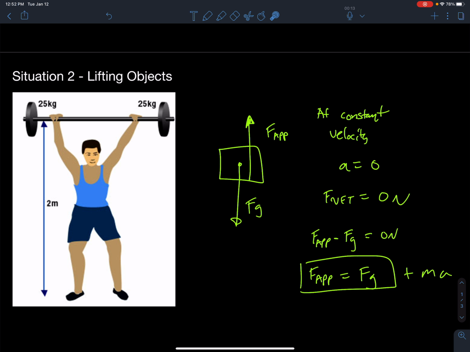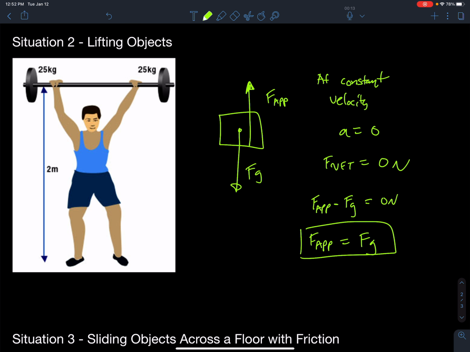So the minimum force he'd have to apply is the force of gravity, and then he'd have to add 50 kilograms times whatever acceleration he is applying. So you'd be doing more work if you accelerated than if you lifted at a constant velocity. But let's just assume that he's lifting at a constant velocity, so the force of gravity.